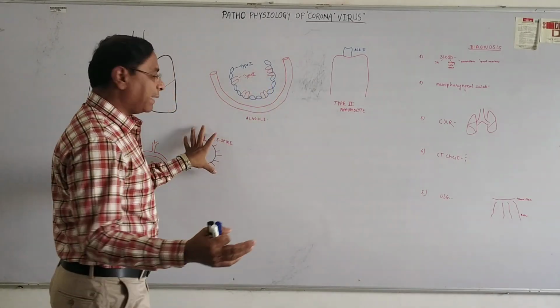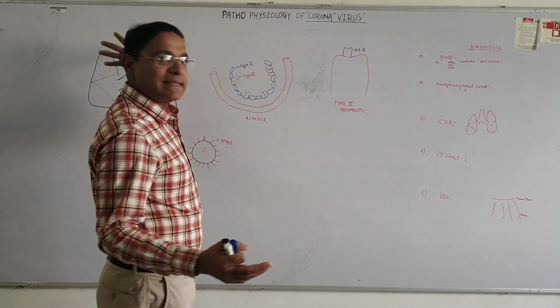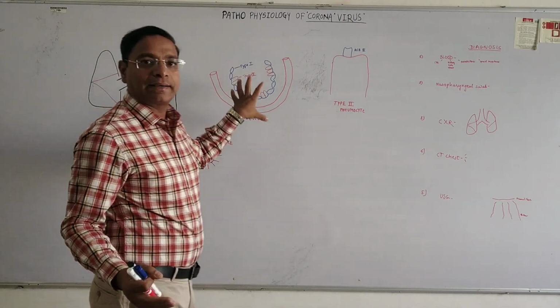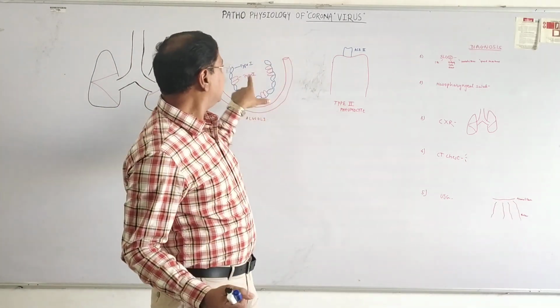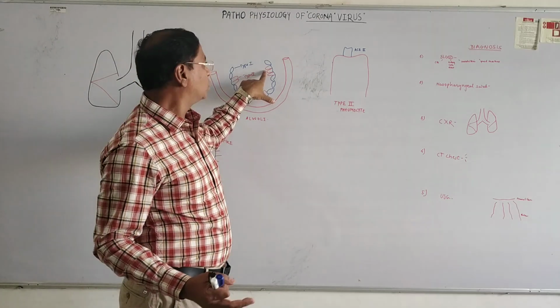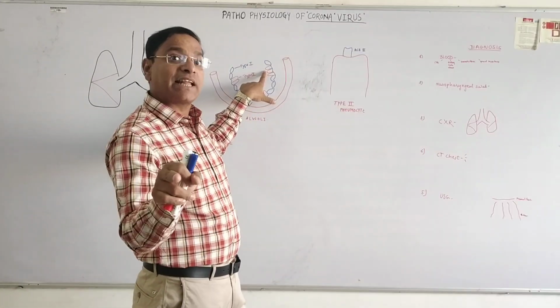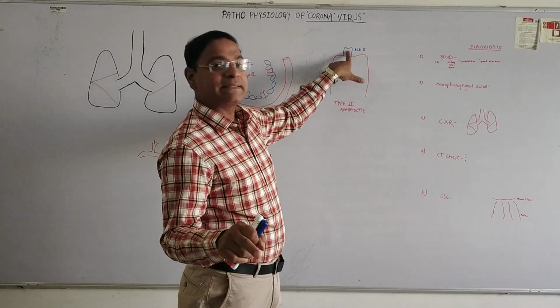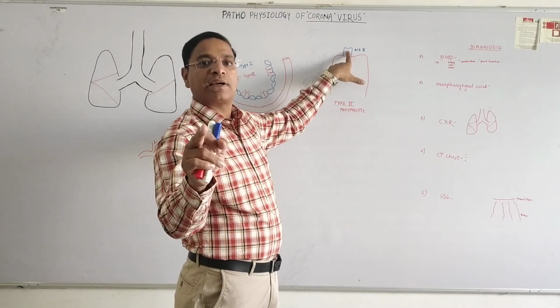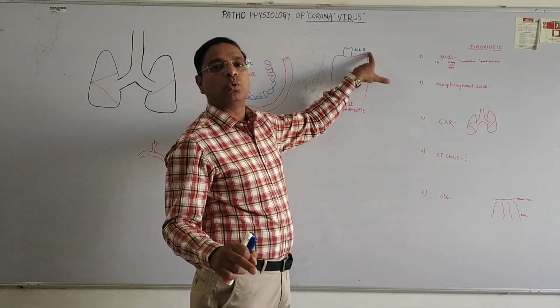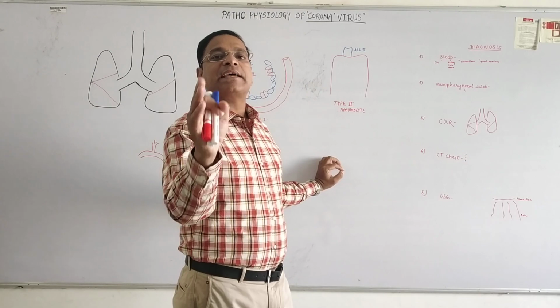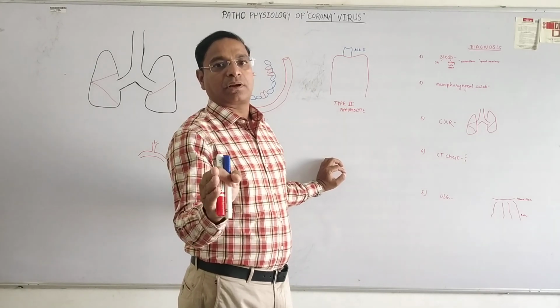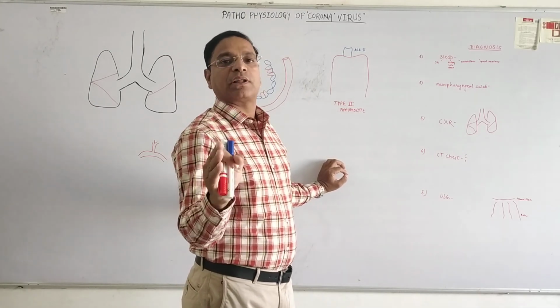But coming back to this virus, as it enters the respiratory tract, it attacks the alveoli and binds with these type 2 cells, because on the type 2 cell there is a specific receptor for this coronavirus called ACE2, the angiotensin converting enzyme type 2 receptor. This is specific for coronavirus.